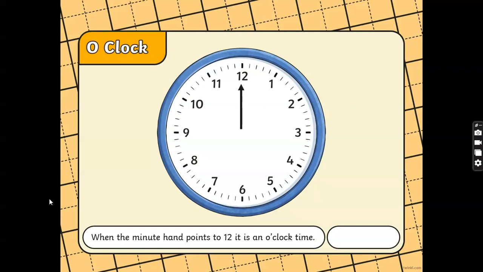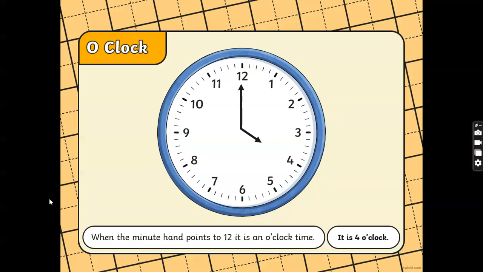The hour hand is the small and short one, but the minutes hand is the longer one. Now, what is the time right now? The hour hand is on number 4, but the minutes hand is on number 12. So how do we read it? 4 o'clock. Excellent. We say the hour and then we add o'clock because the minutes hand is on number 12.